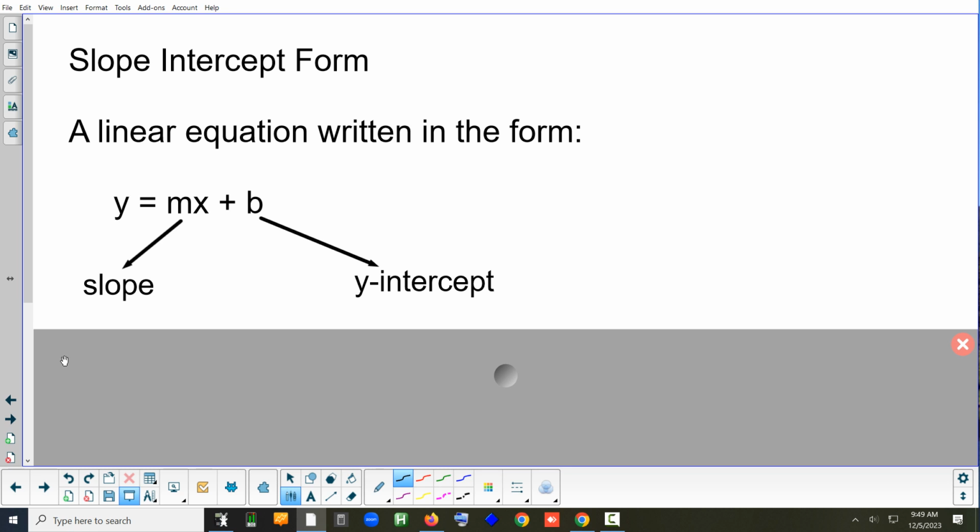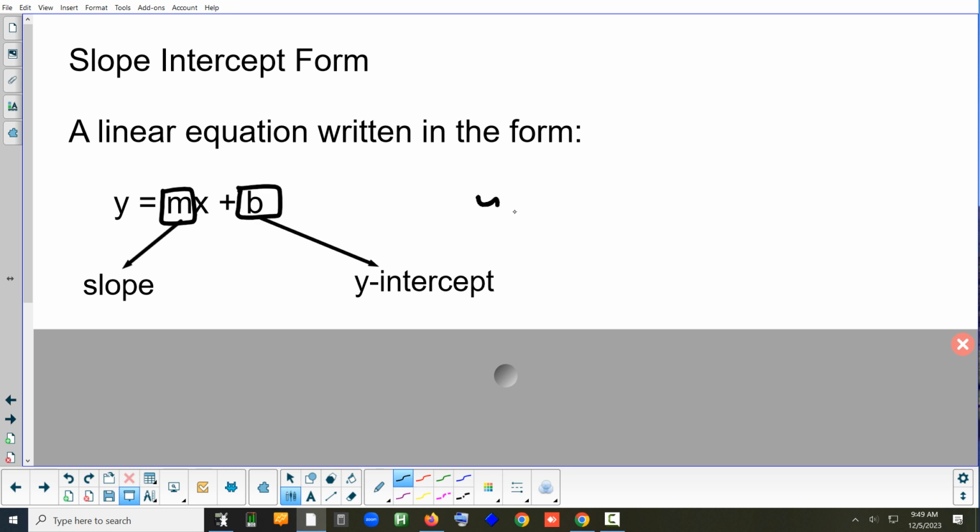They can give us a picture, a table, or an equation. An equation is probably the easiest way to identify the slope because all you have to do is write down the number that they give you in front of the x. That's the slope. And the number that they give you at the end is the y-intercept.